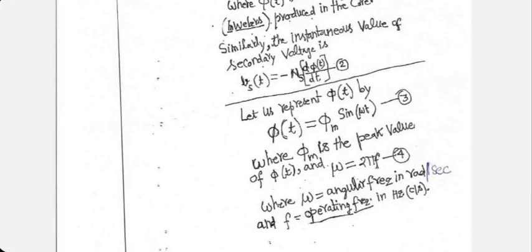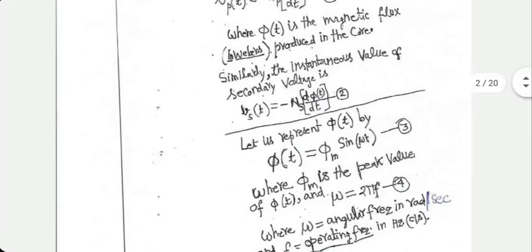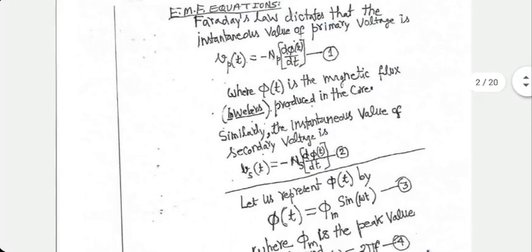So if I take this value of phi in equation 3 and substitute it back in equation 1, and later in equation 2 also, I'll get the formulas for instantaneous values of primary and secondary voltages. Primary and secondary EMFs, actually. Voltages are the actual values when losses are included. EMFs are the ideal case when losses are not being included.